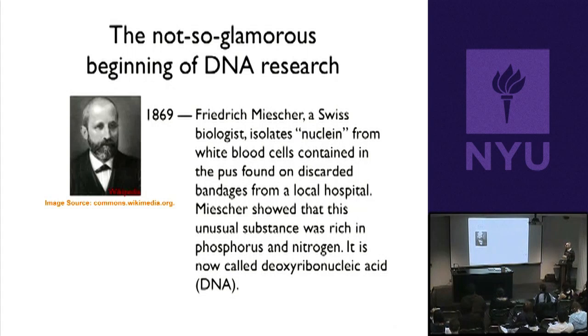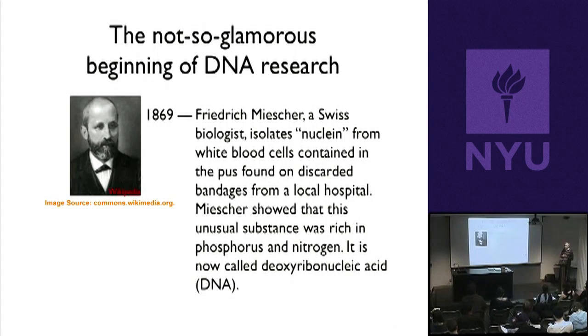And he was interested in what that nucleus actually was. And so he wanted to isolate a lot of nuclei and figure out what the chemical structure of those nuclei was. And so he figured out a clever way to do that. He realized that white blood cells are a readily available source of DNA. He didn't know it was DNA at the time. It was a source of nuclei.